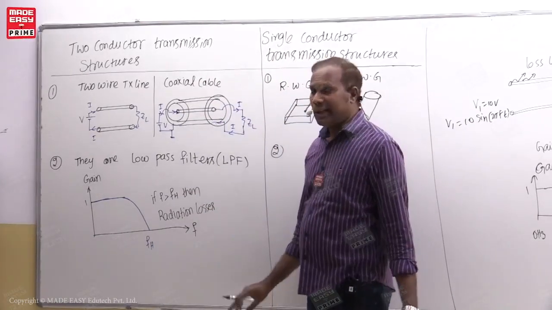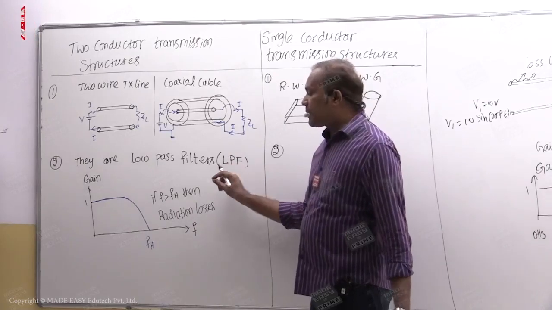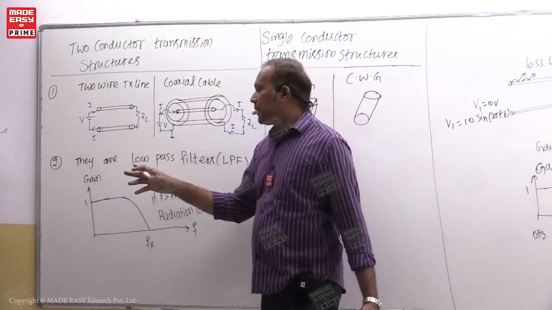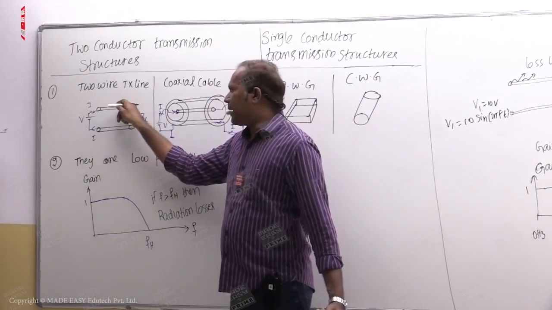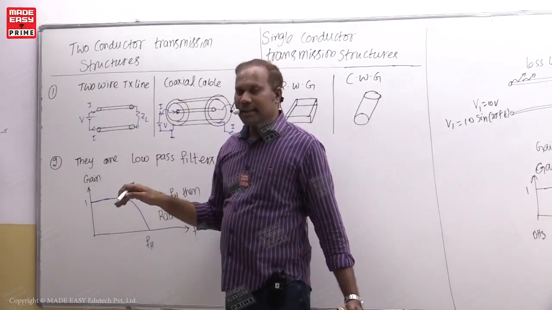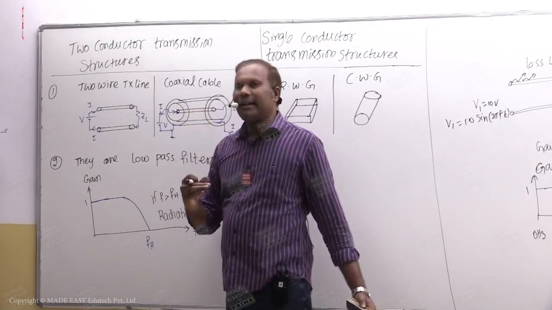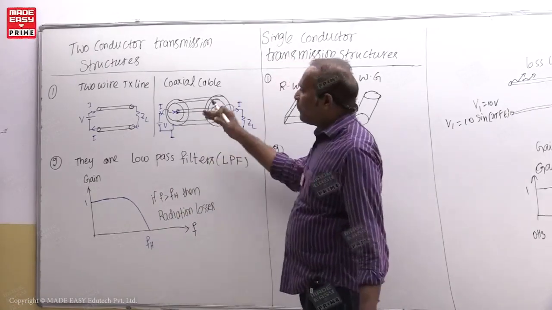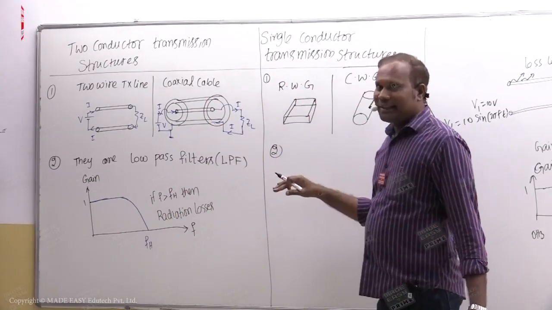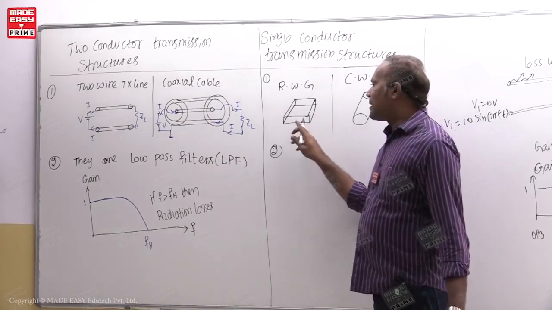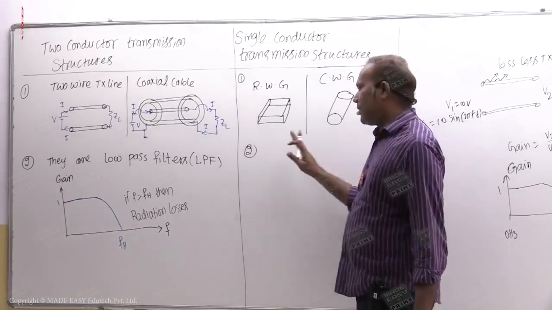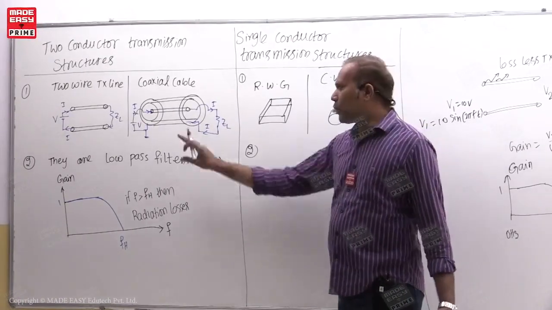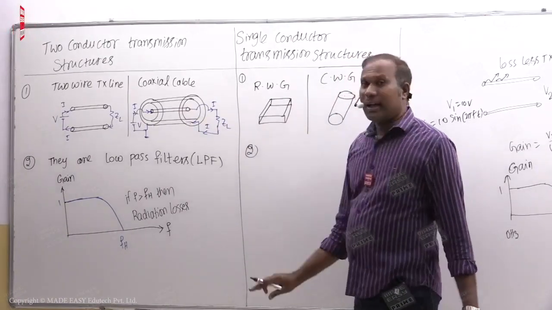Conductors start radiating, which means high frequency cannot travel through this conductor. That is why those researchers intelligently thought that if the frequency is very high, we will send the signal in the medium present between the conductors. That is the logic in transferring from a two conductor structure to a one conductor structure.